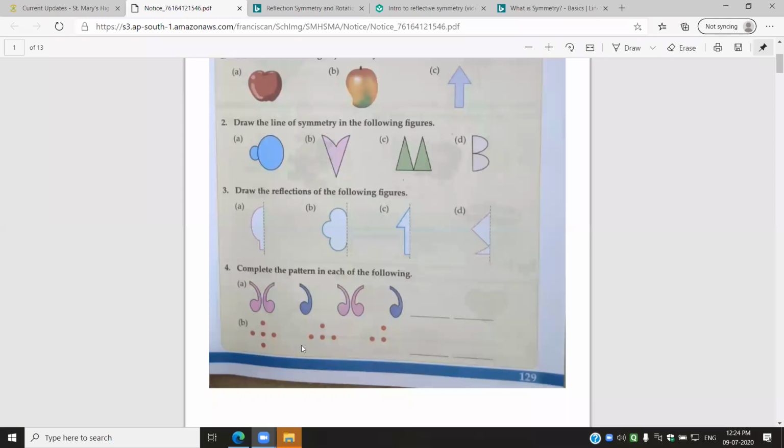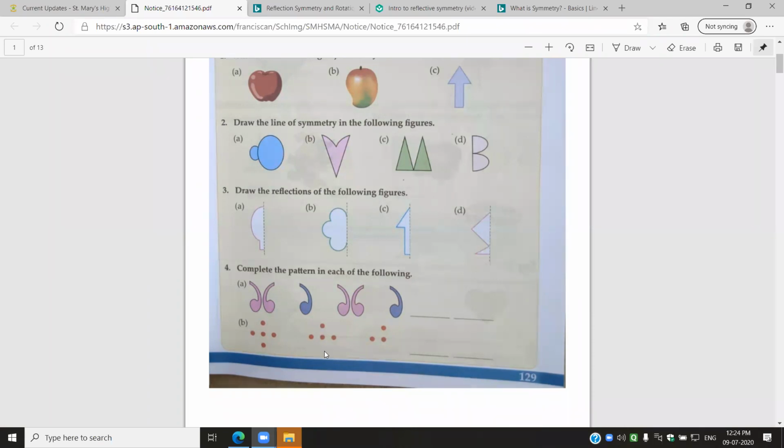Now look at this particular pattern. What is happening in this? There are dots. How many dots are there in the first one? There are 1, 2, 3, 4 and 5 dots. Then what is happening in the second figure? In the second figure, there are only 4 dots, and the dot which is here is missing.